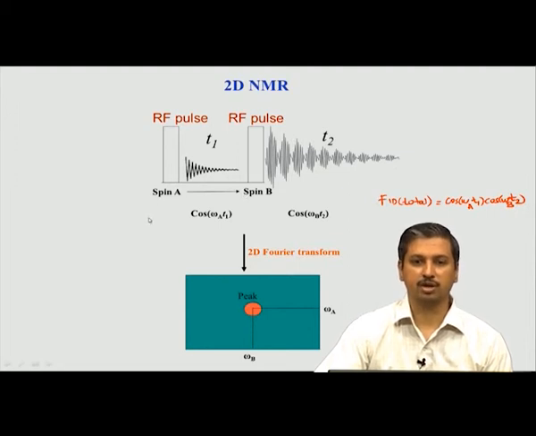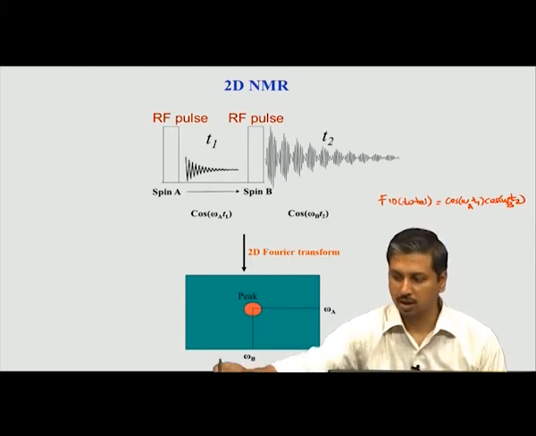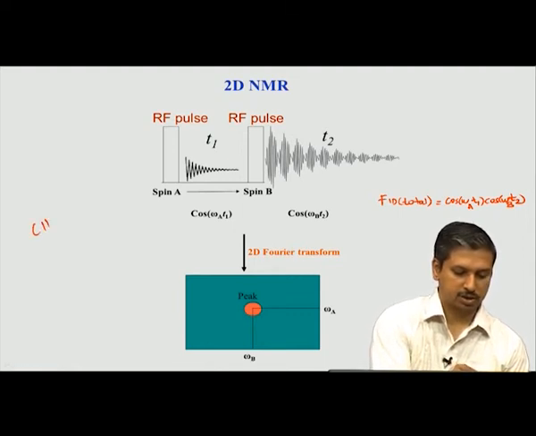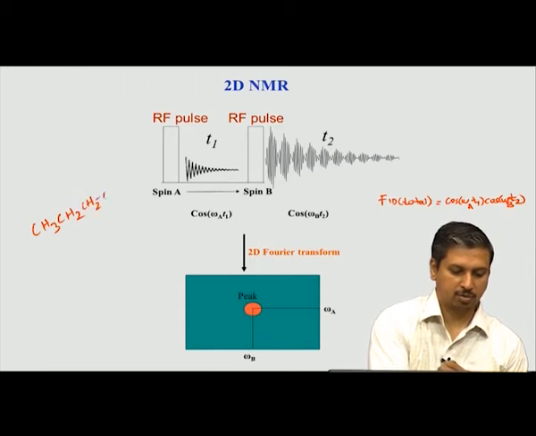So, for example, consider this molecule propanol, CH3, CH2, CH2OH. Let me draw this to give you an idea. We looked at ethanol all the while. Let me now consider the molecule propanol. Here we have 3 protons: 1, 2 and 3.